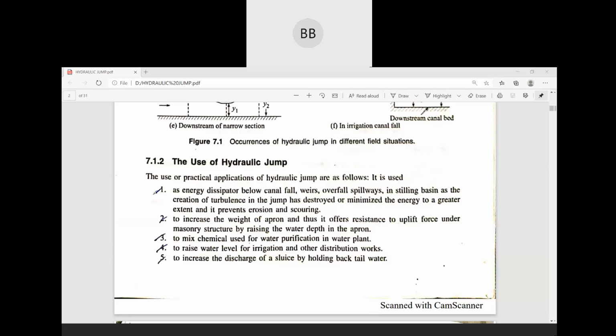So first, you write: hydraulic jump is used as an energy dissipator below canal falls, overfall spillways and in stilling basins. That is to minimize the energy, or to prevent scouring.